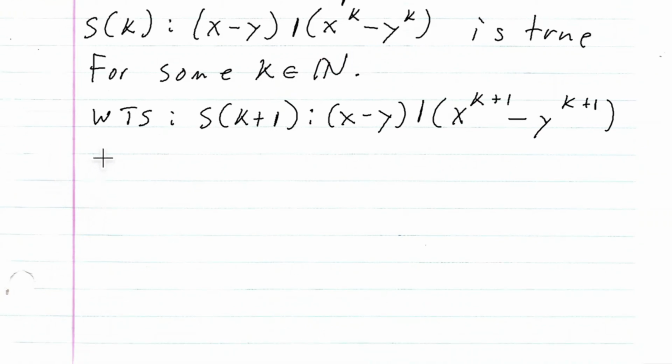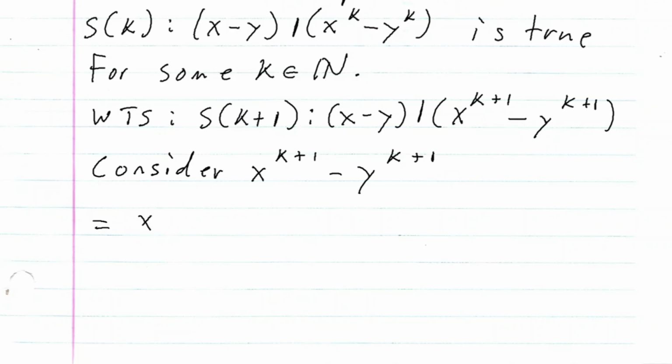So let's go ahead and consider x to the k plus 1 minus y to the k plus 1. We know that this is equal to x times x to the k minus y times y to the k. So the next part is a little trick.